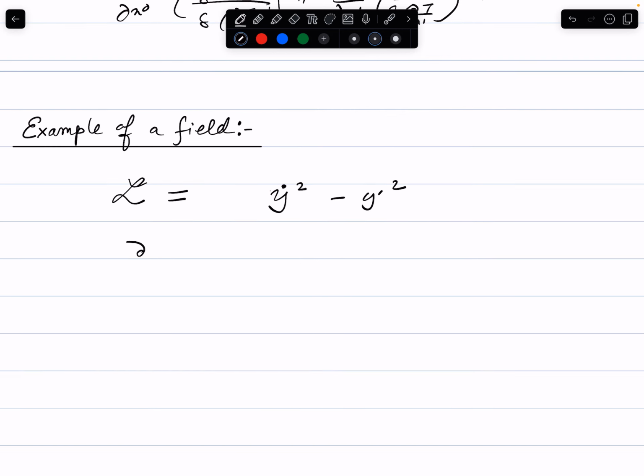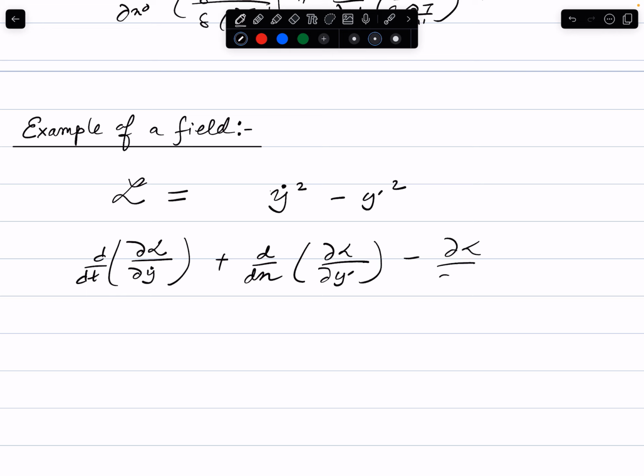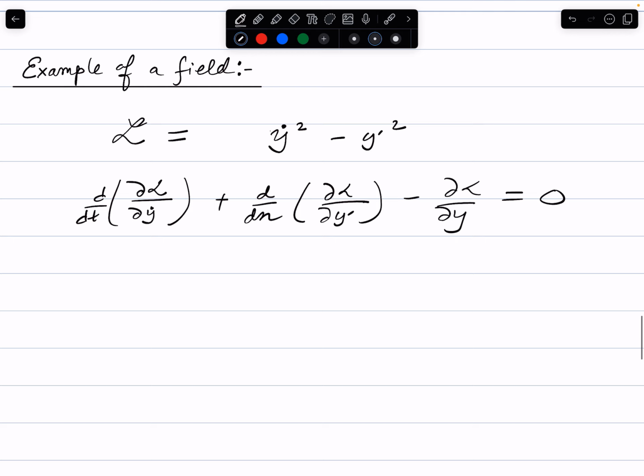So let's see, we have the equation del L del y dot ddt minus ddx plus ddx del L del y prime minus del L del y equals 0. This is the equation of motion. Now out of this there is no y appearing in the Lagrangian, so this is 0, and I have only these two terms.